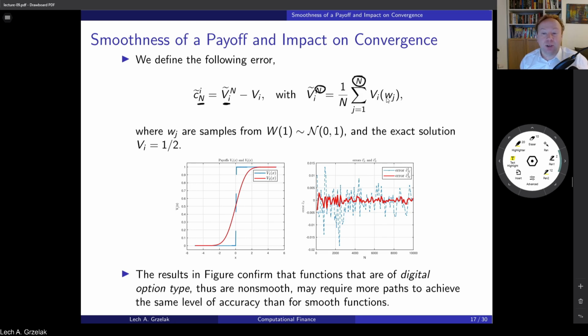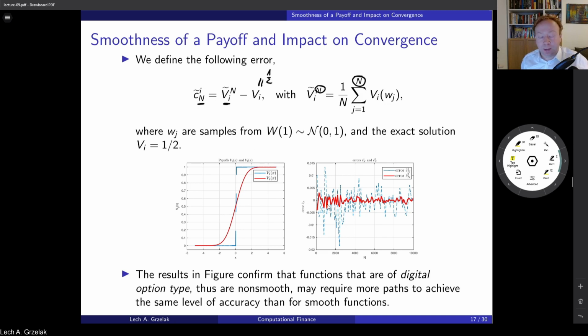So actually this is sample j. The i corresponds to the function number. So for the first function, we have a 1 here, the number of samples, and then we calculate the average. And the error will be the difference between, of course, in both cases it's equal to half, right? So we calculate the difference of the two.